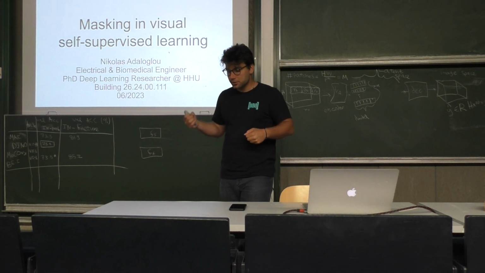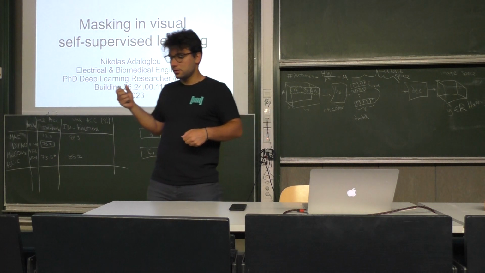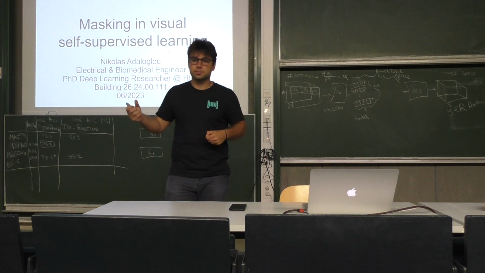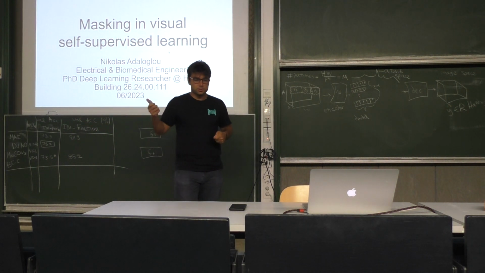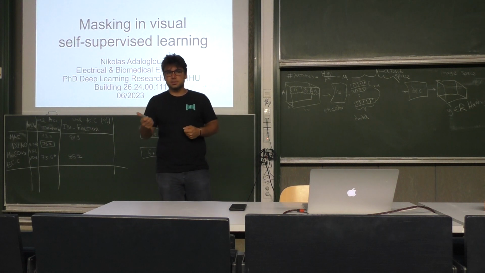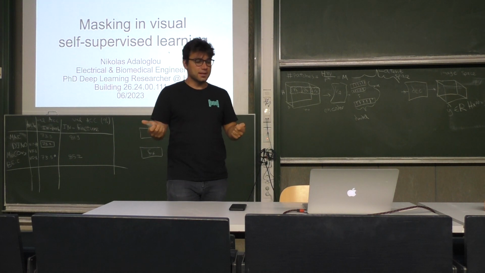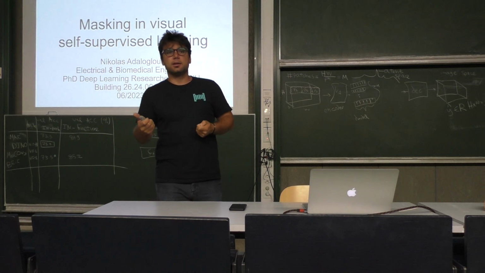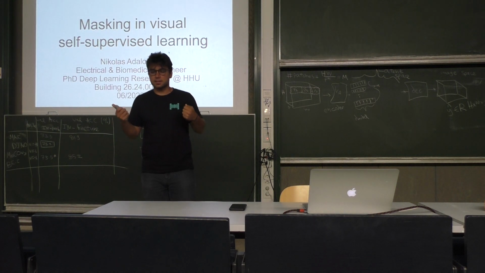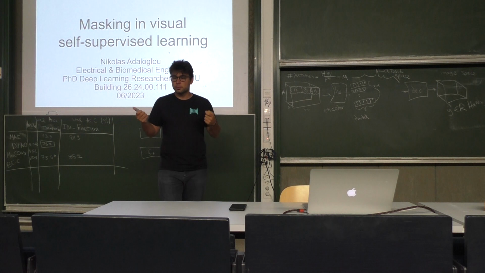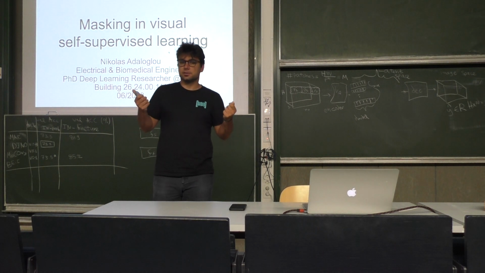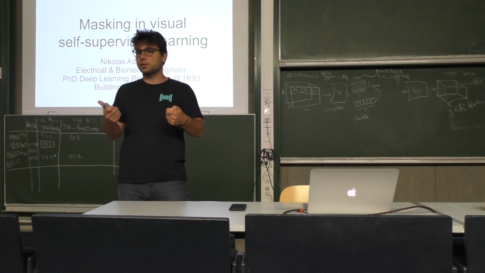However, we can borrow some ideas from the progress in natural language processing and try to come up with different strategies to incorporate masking. So masking is the alternative to get away from the image augmentations.